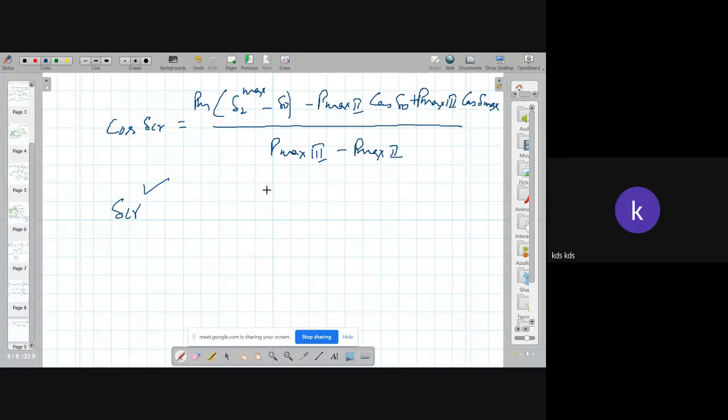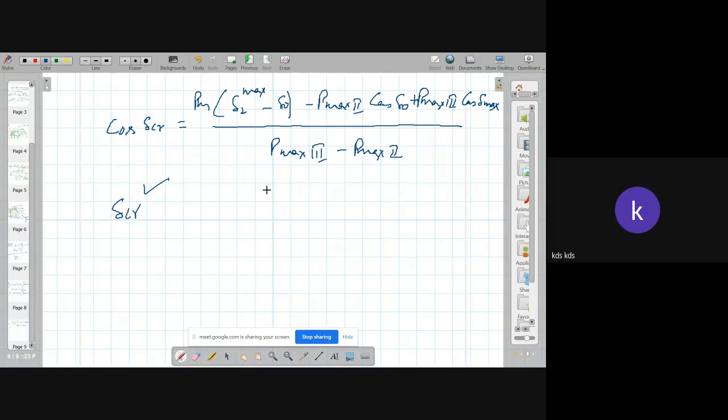The limitation is that we can apply it only in the single machine infinite bus system. In case of multi-machine stability analysis, when there are a number of synchronous generators in the system, equal area criteria is not applicable.